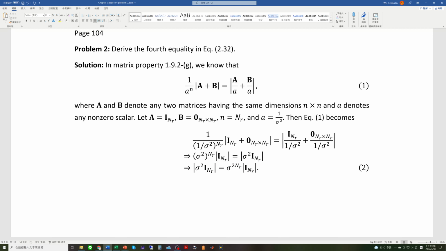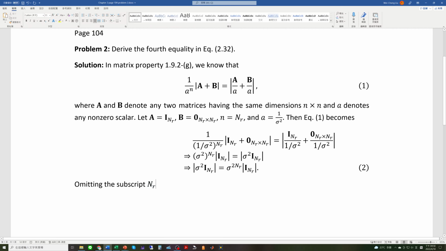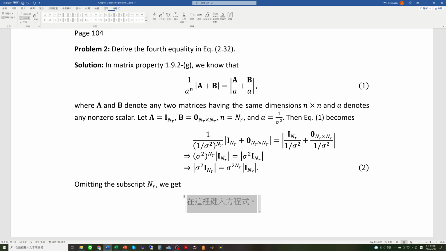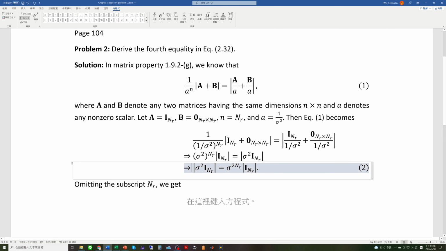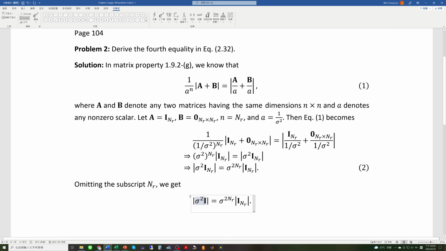Next, omitting the subscript nr, we get, we omit the subscript here, and here also.